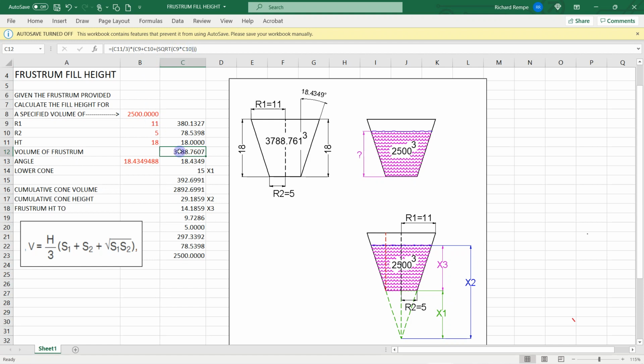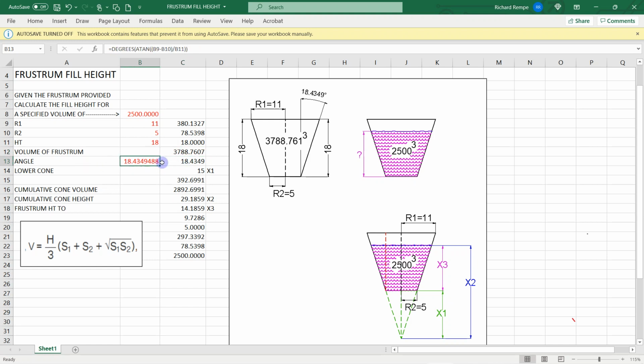All that together gives you the volume. So that's how you calculate the volume of a frustum, which is pretty easy to find. I didn't find anything on how to calculate what the height would be if you need a certain volume quantity inside that frustum. So that's what this is about.